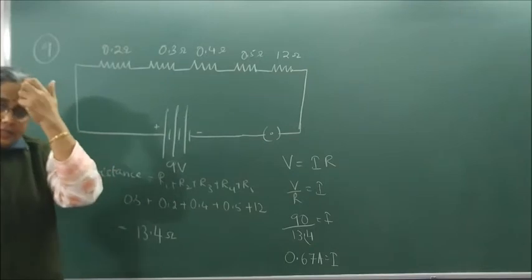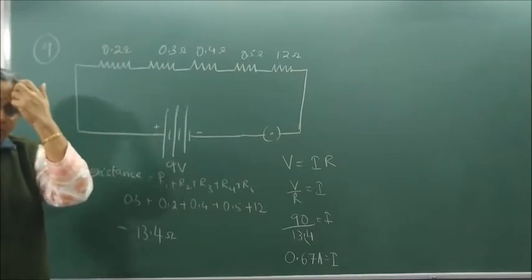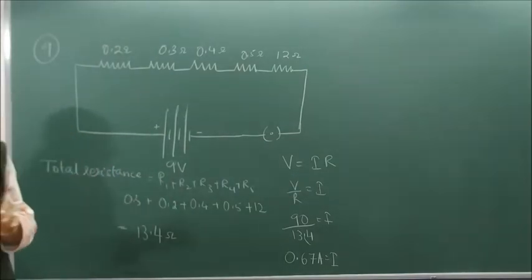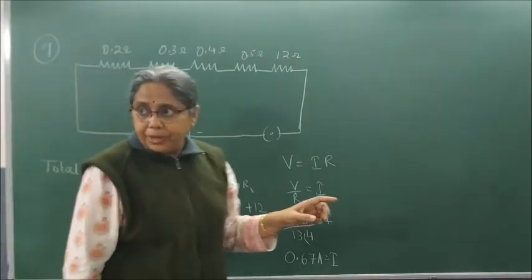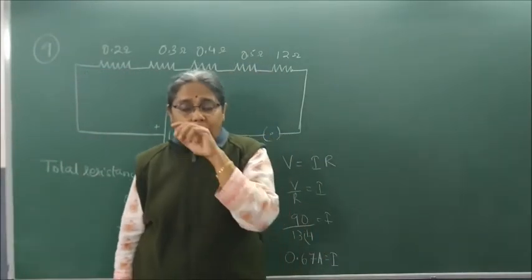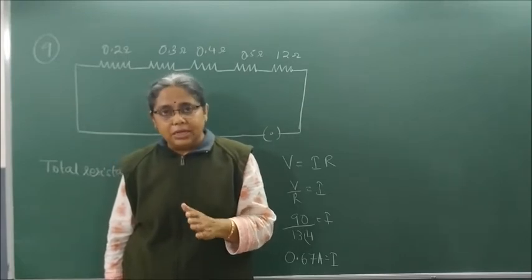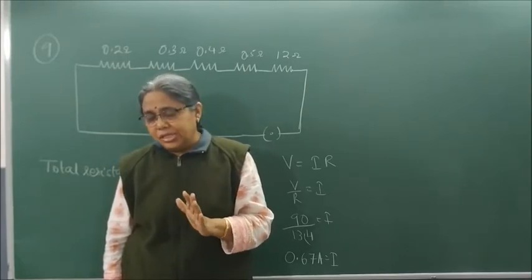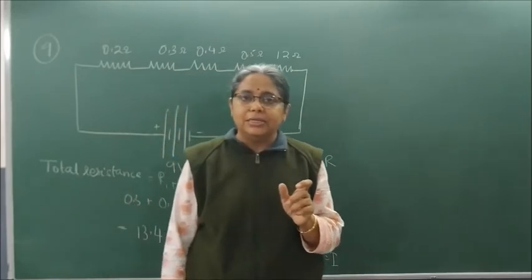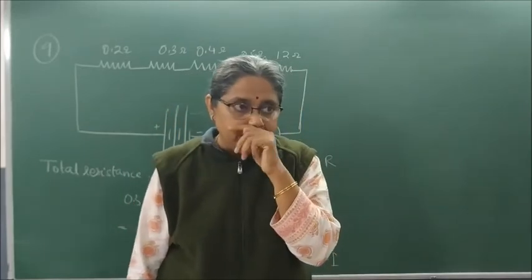You will write this, please. You will write the total current flowing through the circuit is 0.67 amperes. The same current also flows through the 12 ohm resistor, as in series, current remains the same. You have to write that statement, otherwise you will not get marks.